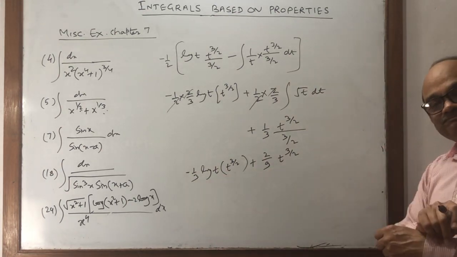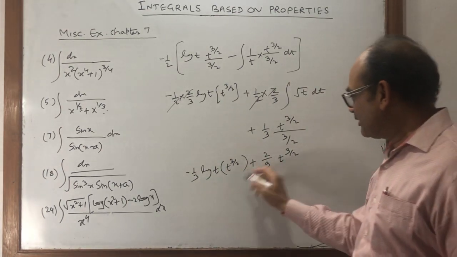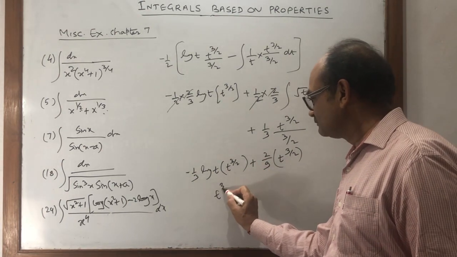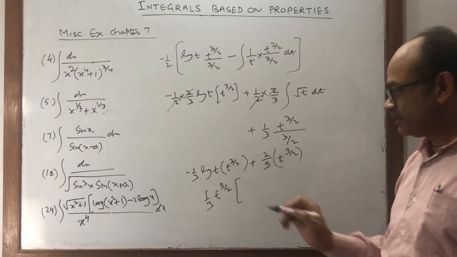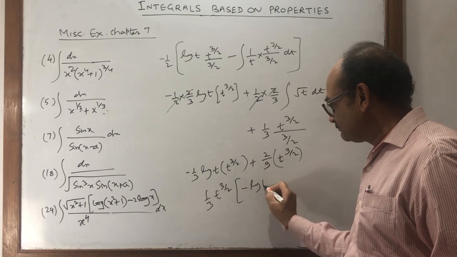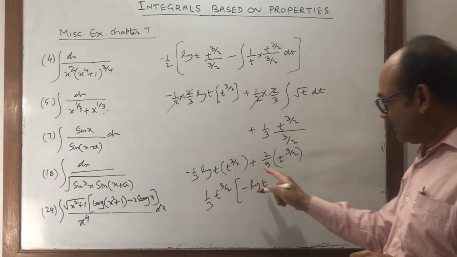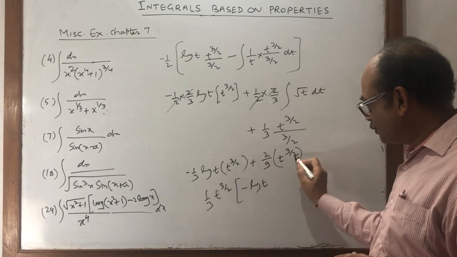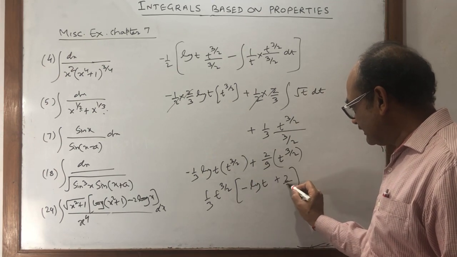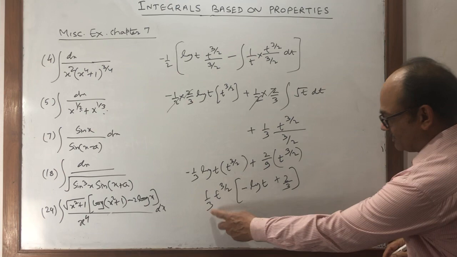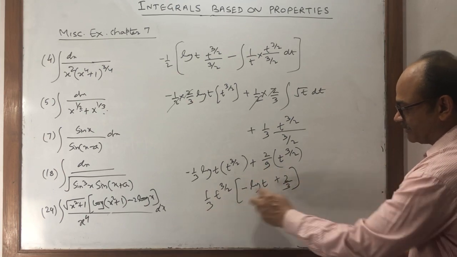What is common? T to power 3 by 2 is common, 1 by 3 is common. So inside it is minus log t. Correct? And 1 by 3 is out, t to power 3 by 2 is out, only 2 by 3. See once again, 1 by 3 into 2, correct? T to power 3 by 2, correct?